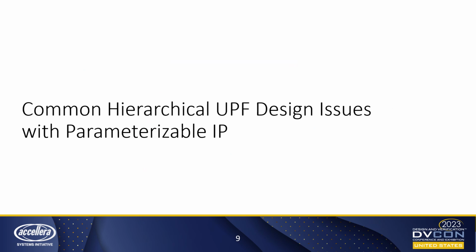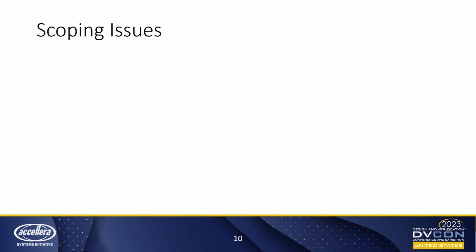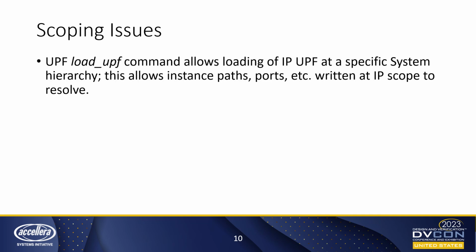Now that we've seen a sample hierarchical UPF design, let's discuss the issues that often arise when this methodology is used. One concept that needs to be understood and addressed is the scoping of IP content. The load_upf command allows loading of IP power intent at a specific hierarchy, allowing any objects referenced relative to IP scope to resolve.